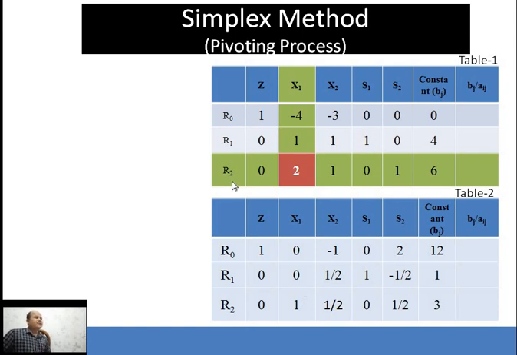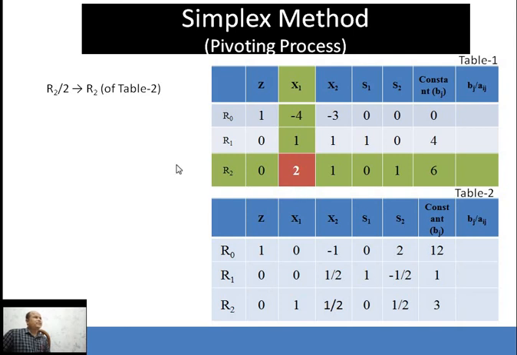See how to convert this 2 of row 2 into 1. If we divide row 2 by 2, because it is 2, then it will become 1. Now if we divide this row 2 by 2, we will get row 2 of table number 2.